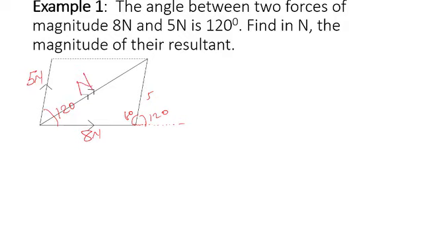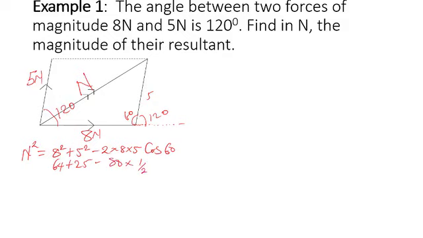Now we apply the cosine rule, which says n squared is equal to 8 squared plus 5 squared minus 2 times 8 times 5 times cos 60. So we have 64 plus 25 minus 80 cos 60, where 5 times 8 is 40, times 2 is 80, and cos 60 is equal to half.